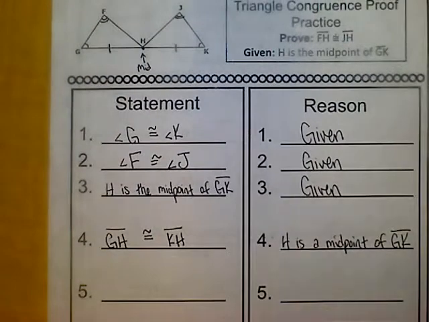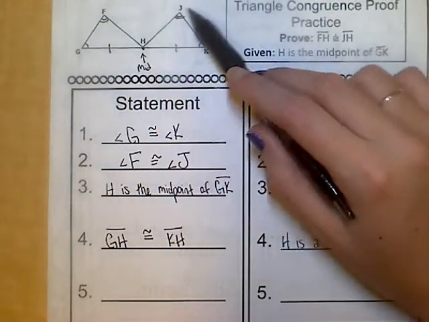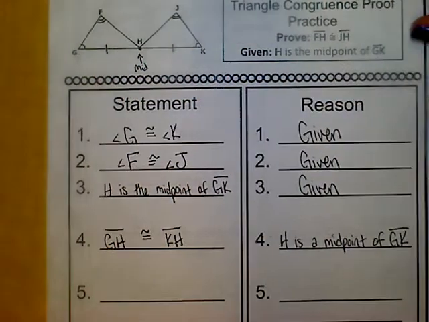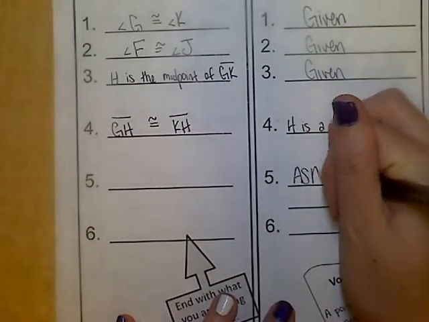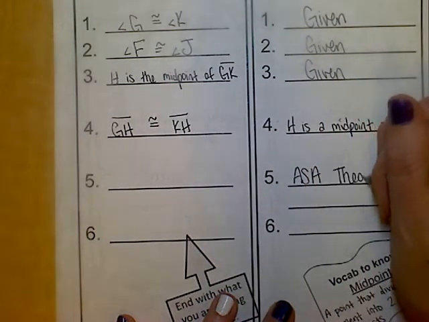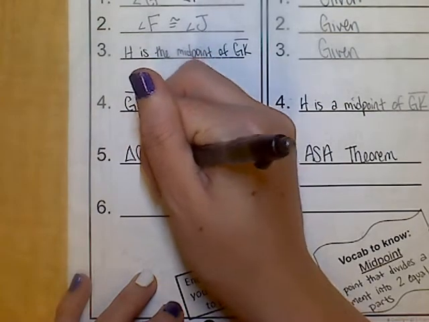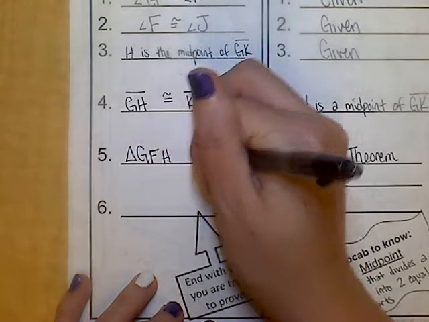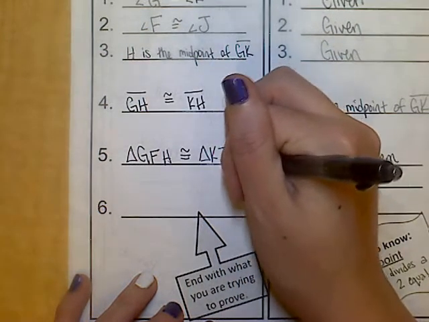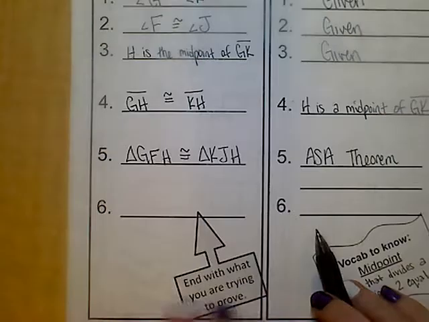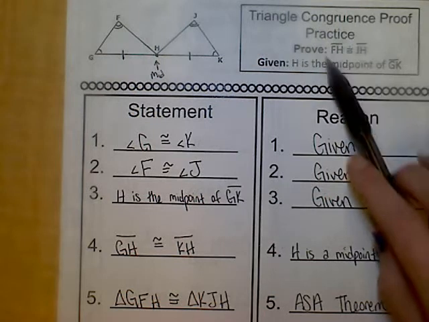So now I have two angles and a side, and so I can state that these two triangles are congruent by angle-side-angle theorem. And lastly, we are being asked to prove that these two sides are congruent to each other.